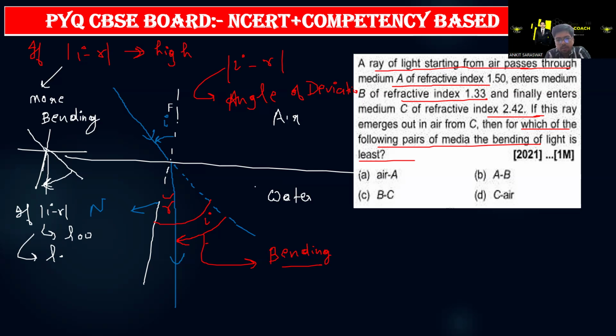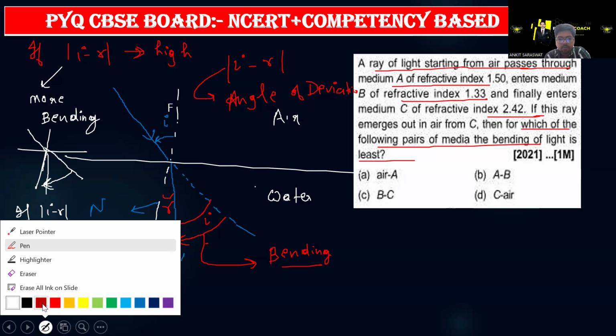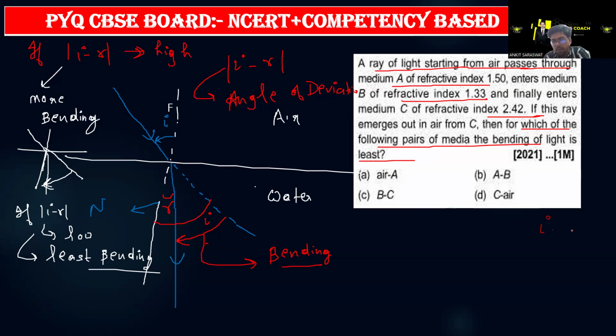If its value is very low, then least bending. So we know the angle of incidence I is fixed, because we are passing a light ray. I is constant. So in this I minus R, I is fixed. Then on the basis of R, we can tell where bending is more and where it is less.